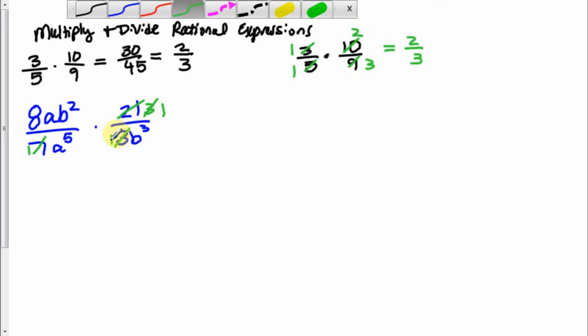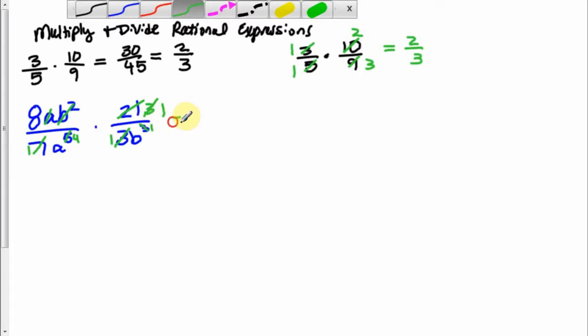Okay, now I'm going to go to my A's. So I have A to the first on top and an A to the fifth on bottom. So that's going to leave you with an A to the fourth on the bottom. Right? And then I have a B squared on top, B squared on the bottom, B cubed on the bottom. So B squared goes into B cubed and leaves you with a B to the first, right?